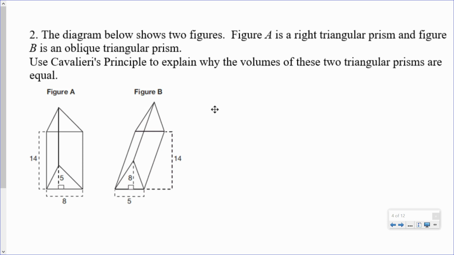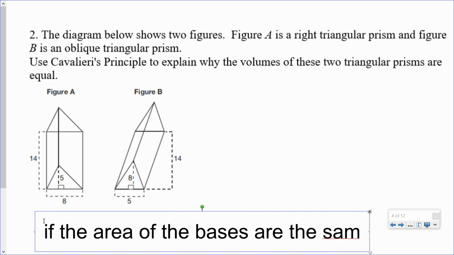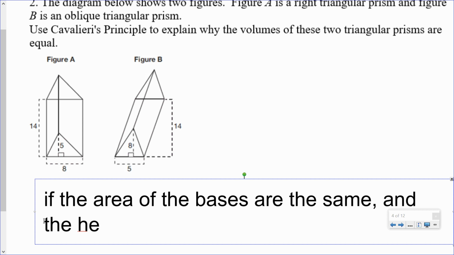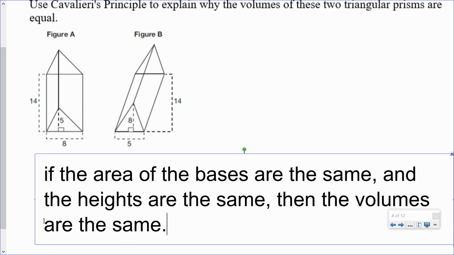Well, if they ever want you to explain why volumes are equal, or anything about Cavalieri's Principle, Cavalieri's Principle states, if the area of the bases are the same and the heights are the same, then the volumes are the same. That's Cavalieri's Principle. Whenever they ask you about volumes being the same, your answer is always the same thing.